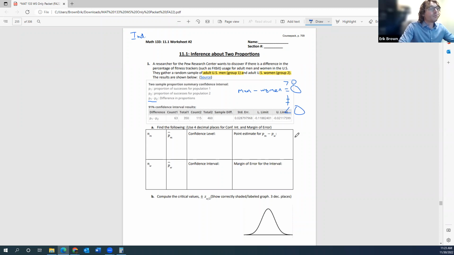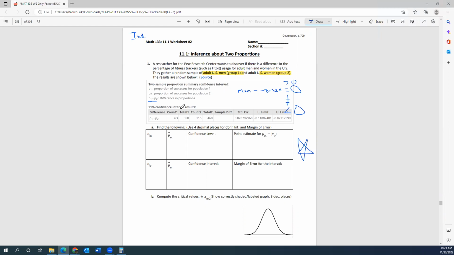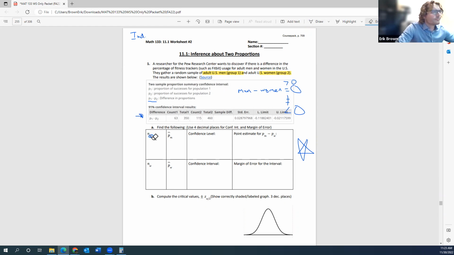So I want to see if you all can fill out this information here just from the output. See if you can fill it in. All right. It's all right here. Okay. Does everyone understand what this little subscript means? No, because that wasn't in our notes.